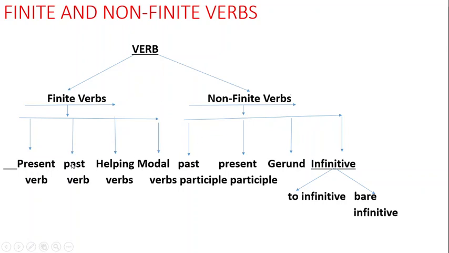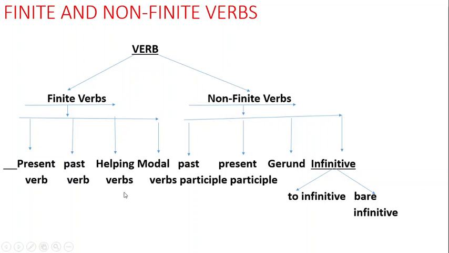These present form, past form, helping verb, modal verb show tense, but past participle, present participle, gerund, infinitive, to infinitive, bare infinitive do not tell any tense. So the verbs which tell tense are finite verbs, the verbs which do not tell tense are non-finite. So only this is the difference.